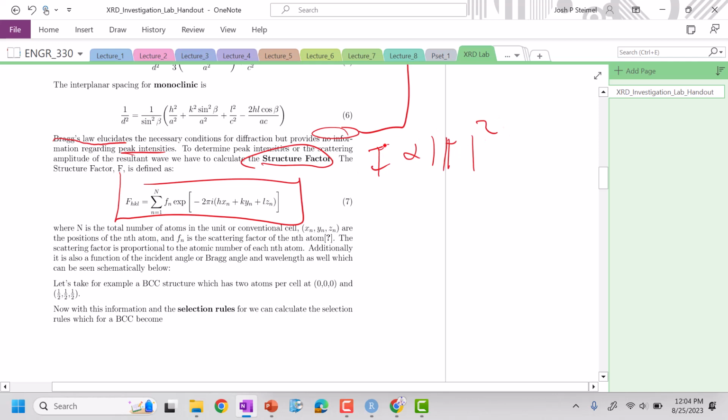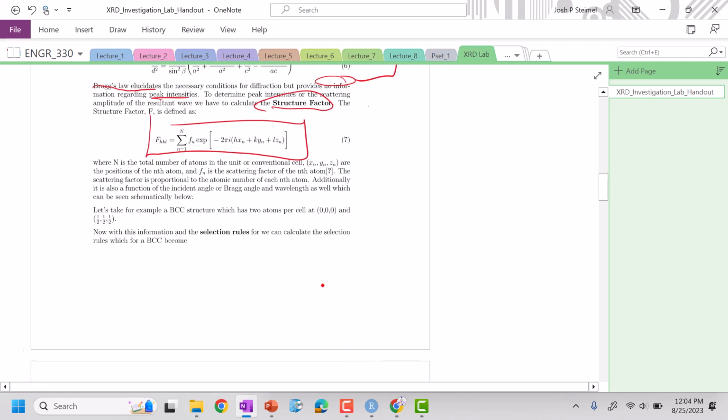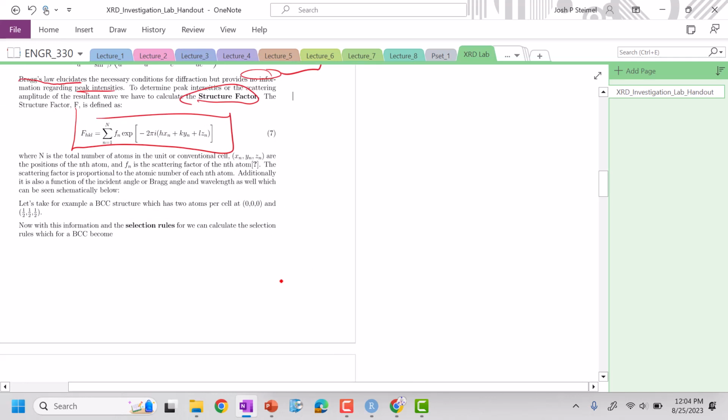Now, this is without question a nasty looking equation, but I think that we can handle this and work through it together. Capital N is the total number of atoms in our structure. If it's FCC or BCC, the total number of atoms, we'll get to that in a bit.